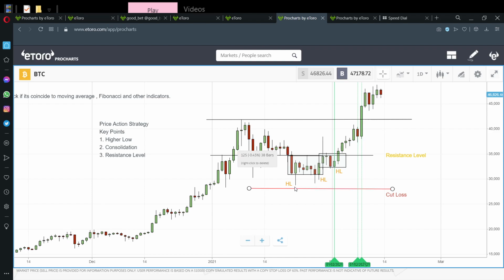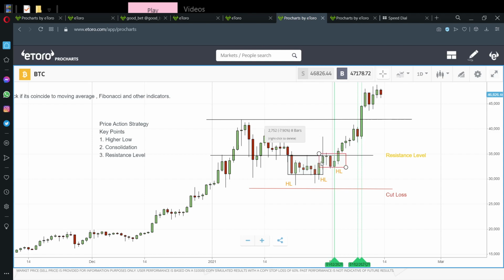The higher low was created, and again a higher low before it finally broke out. The buyers' sentiment is now willing to pay a higher price.